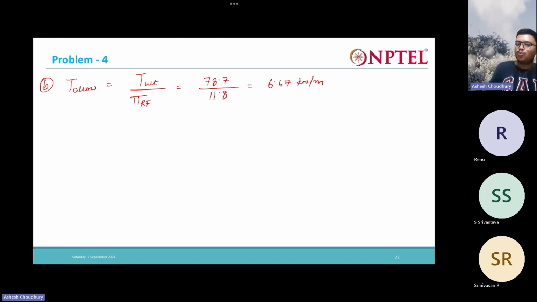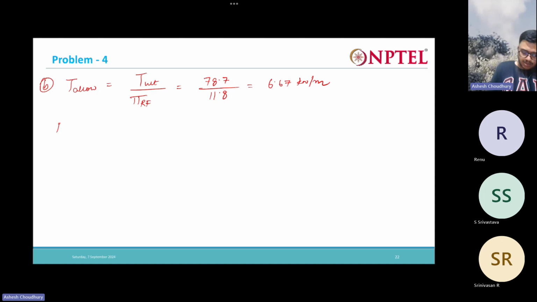I hope you remember the multiplication of installation damage, chemical and biological damage, creep, all these reduction factors. If you multiply all those things, we get the cumulative reduction factor, which is directly given as 11.8. So 78.7 divided by 11.8, we get the allowable design strength as 6.67 kilonewton per meter.